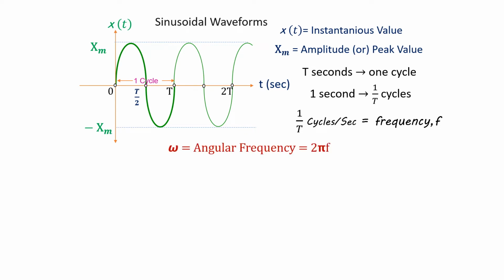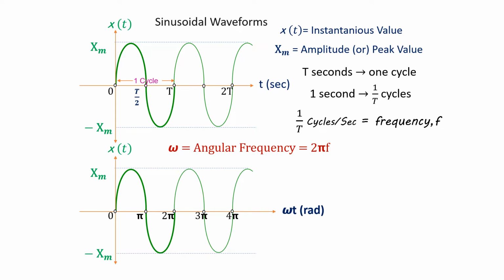Let us now introduce omega as the angular frequency equal to 2 pi f. You are now seeing again the same waveform, but the horizontal axis is marked as omega t in radians. If you calculate omega t and substitute for omega 2 pi f, you will get it as 2 pi f into t.